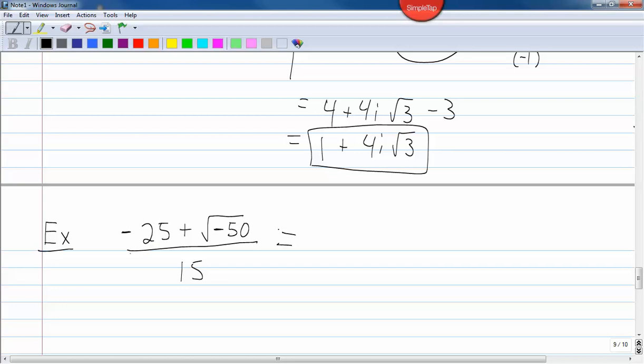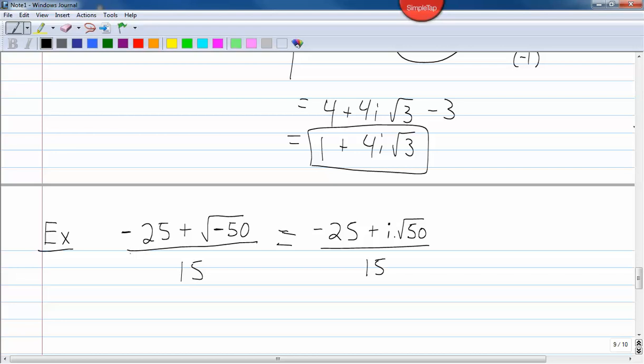So what I'm going to do first to simplify this is rewrite this square root of negative 50. So this is negative 25 plus, so to get rid of the negative I have to write an i in front of the radical. Now let's think, how do we simplify the square root of 50?